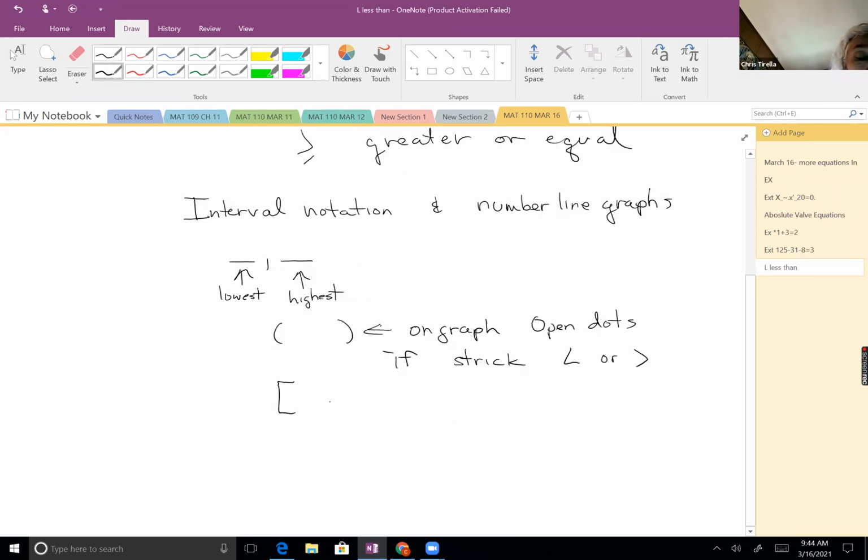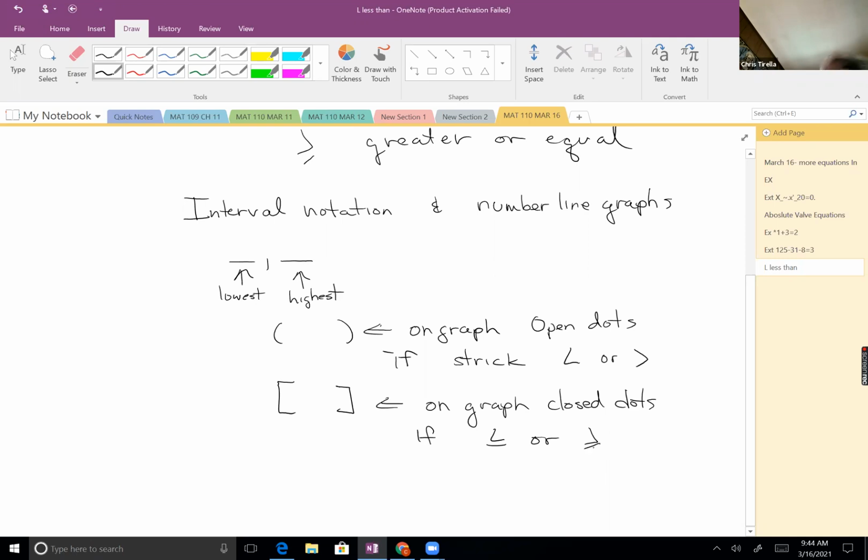And we said that we would use closed brackets, which would be like closed dots, if we had less than or equal to or greater than or equal to.